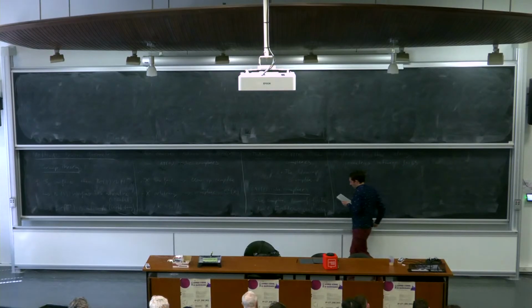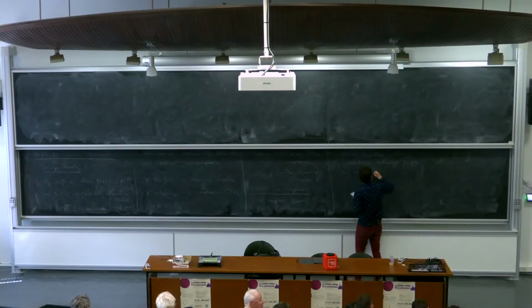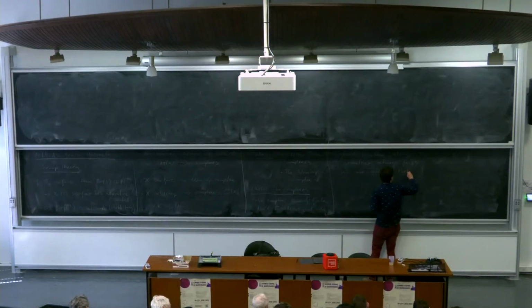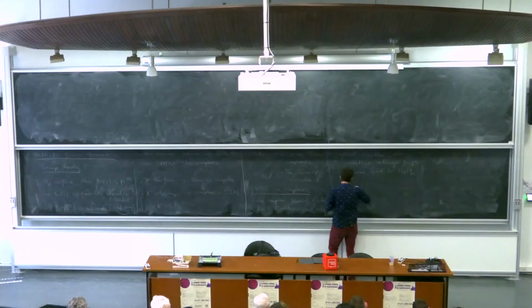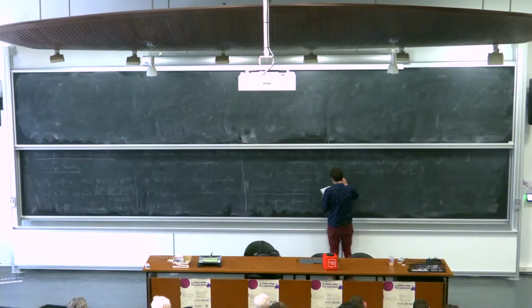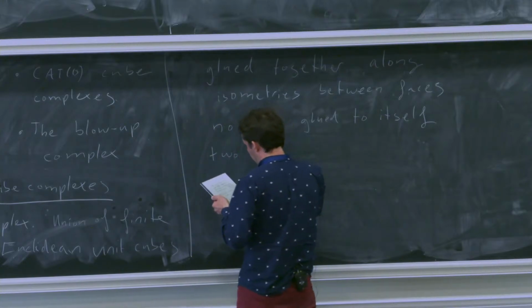And we want that, okay, no cube can be glued to itself. And also we want that two cubes are either disjoint or they intersect in a face.